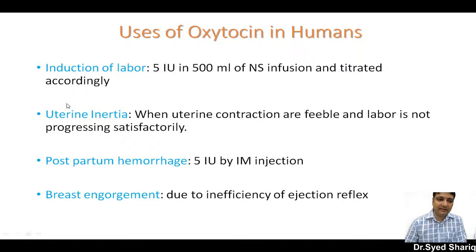The first one, the induction of labor, which is given as IV infusion. Remember, IV infusion in normal saline. 500 ml normal saline, you will mix 5 international units, or you can titrate accordingly if you want to increase or decrease the dose. And secondly, in the uterine inertia. These are the two most important uses of oxytocin.